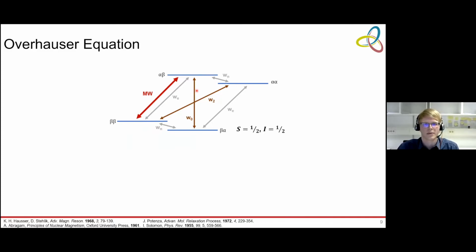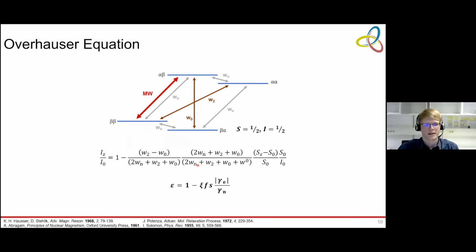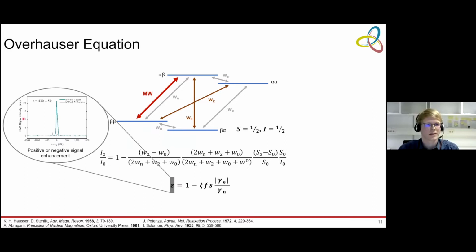The hyperpolarization will then be induced by cross-relaxation, so by the W2 and W0 rates. If we do that, we end up with our Overhauser equation, where we have the signal enhancement. The signal enhancement can be positive or negative. The sign in the end is not too important.